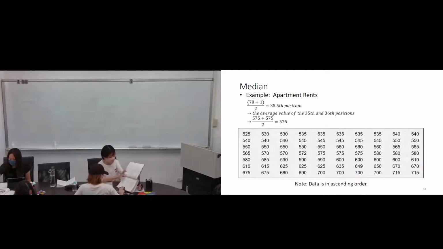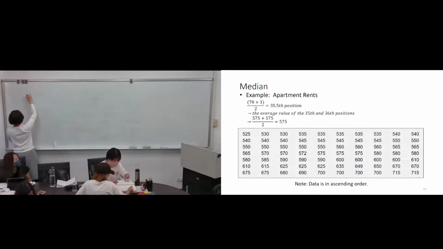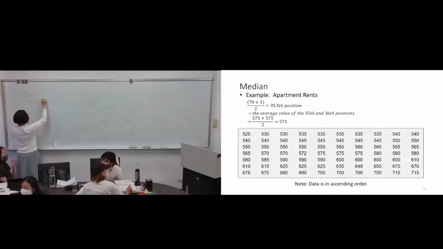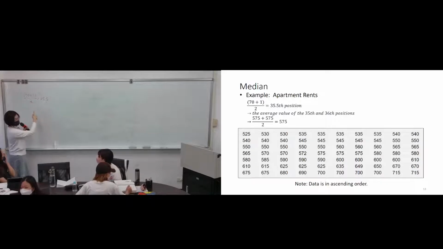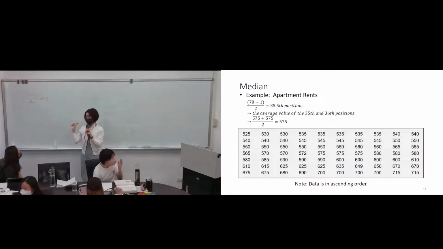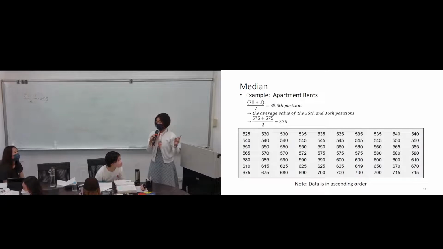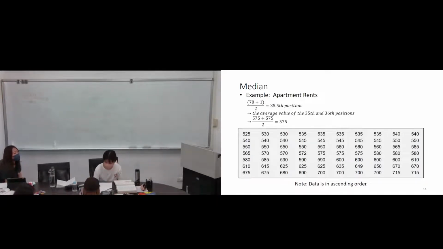To find the position, we add 1 to 70 and divide by 2. The position is 35.5. So we should find the 35th and 36th, and then find the average of these two values.